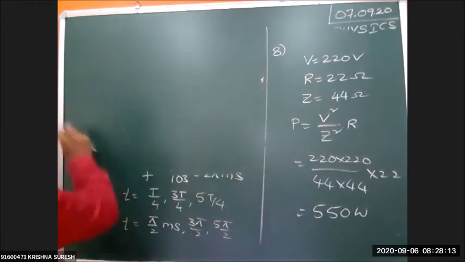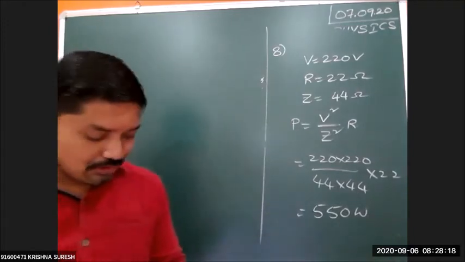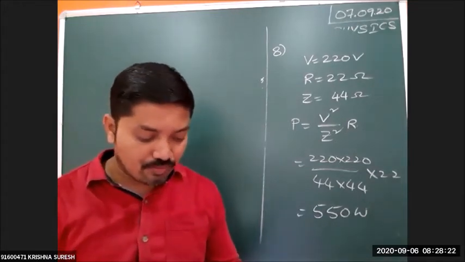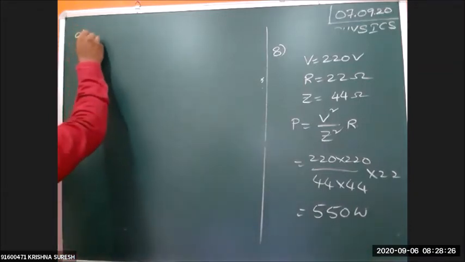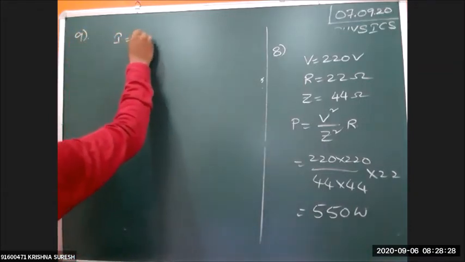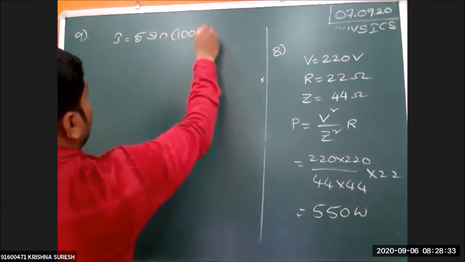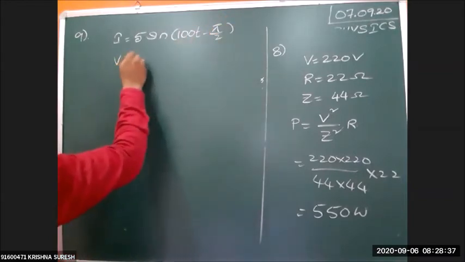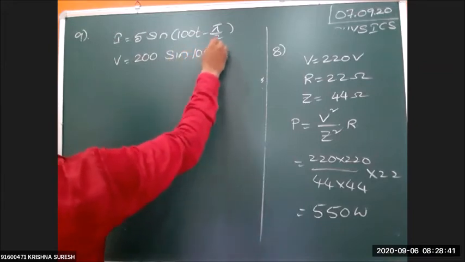Next, question number 9. In this question we have to find the power. He gave you two equations: I is equal to 5 sine of 100t minus pi by 2, and V is equal to 200 sine 100t volts.